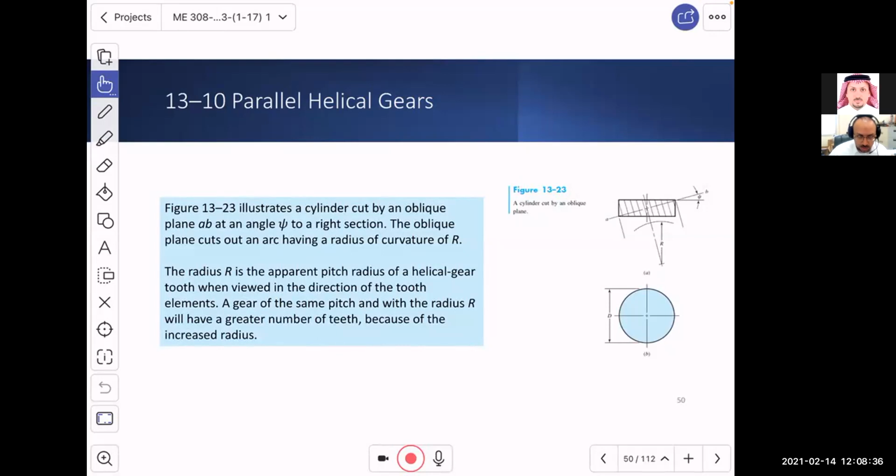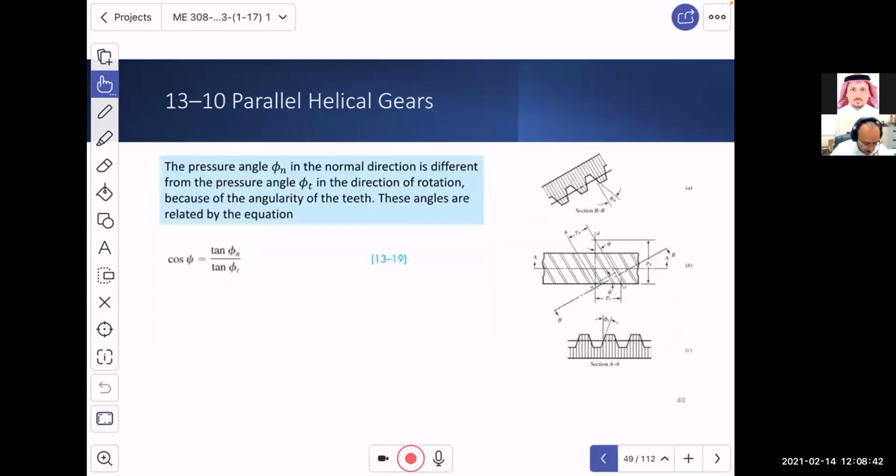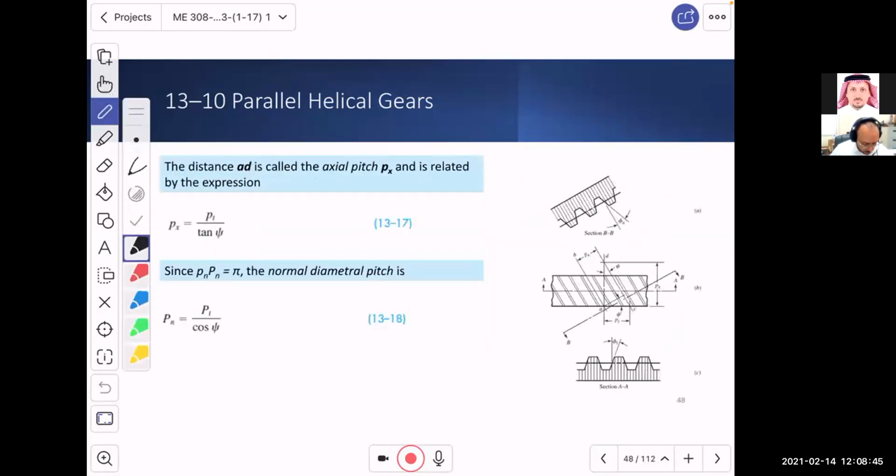We stopped with helical gears, and if you recall, we talked about the basics. I want to emphasize one thing, ya shabab. Again, for those who may have forgotten, until now we are studying how these gears are physically or mechanically designed.